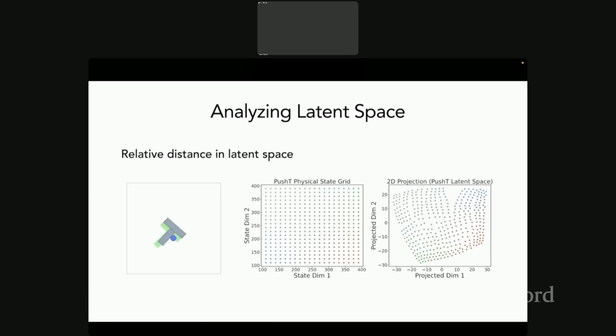What you can see is that up to permutation of the axes, rotation and reflection, this is exactly what happened. So we basically recover the relative distance in the original space, which is pretty nice.